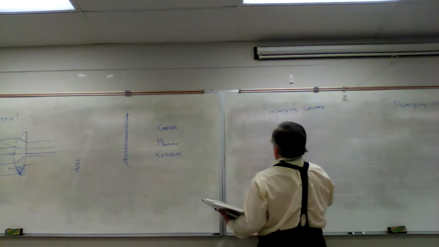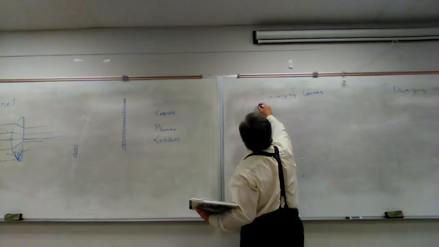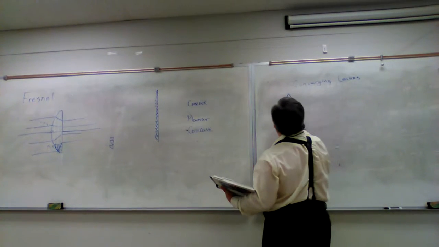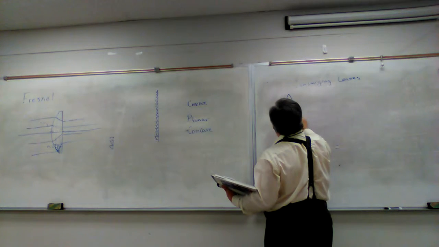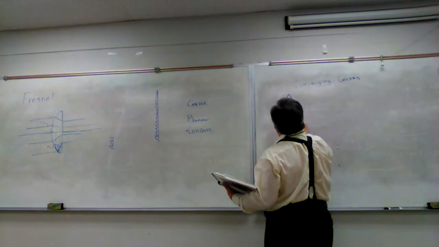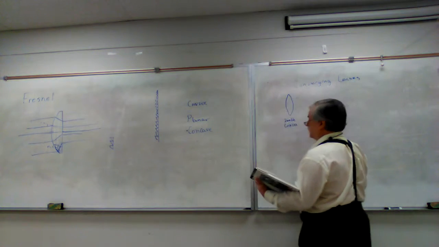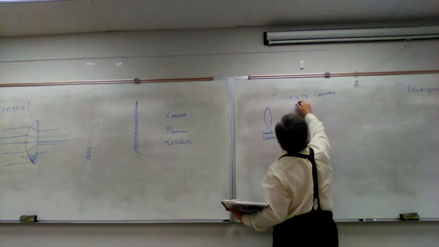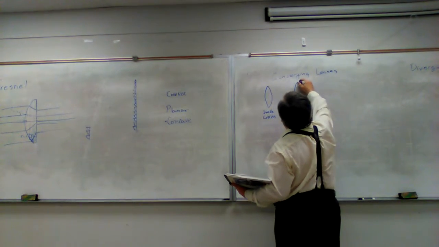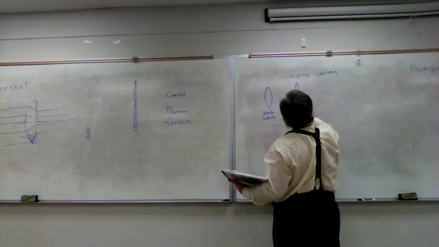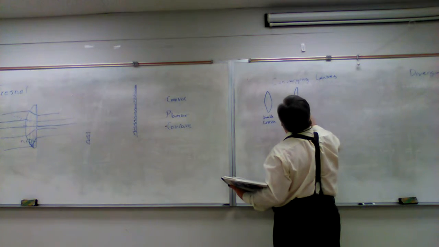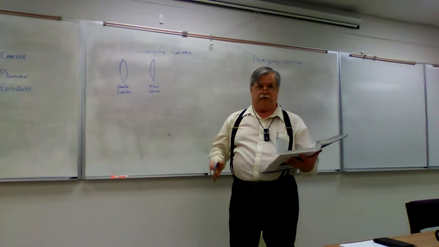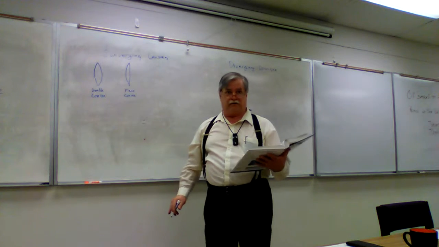Now, if a lens is double convex, it is a converging lens. If it is plano-convex, and that's plano as in planar, as in flat surface. It has nothing to do with the town in Texas.